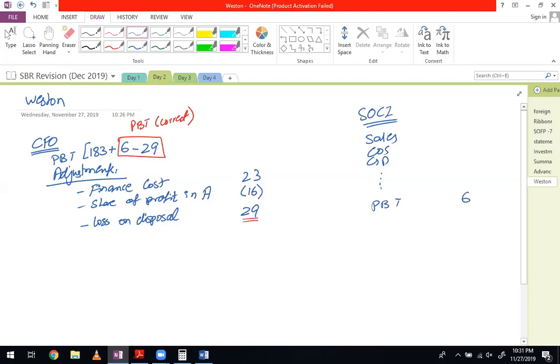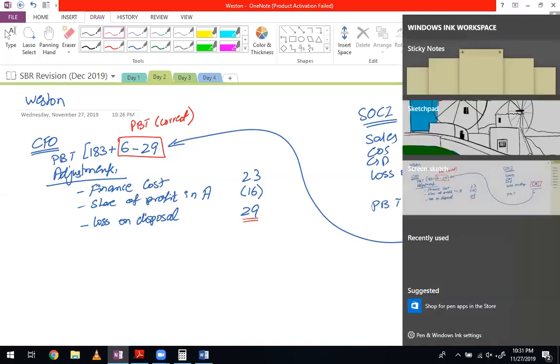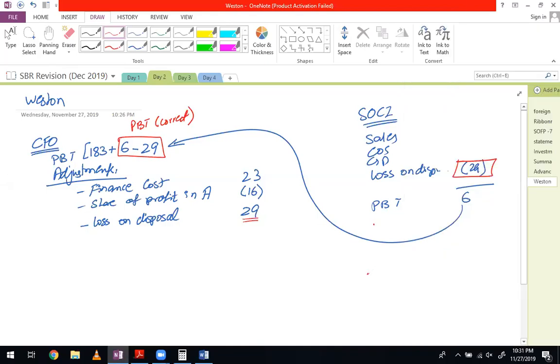And the PBT is 6 after deducting the loss on disposal. So this would mean that if I'm using 6 over here, then this loss has been deducted, which is a non-cash item. So I should be adding it back.